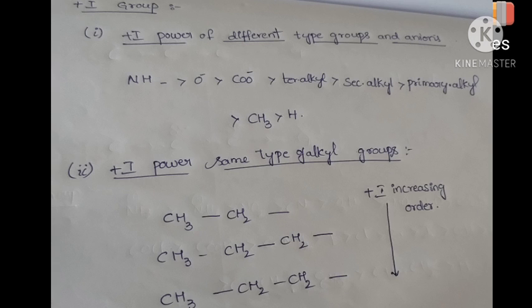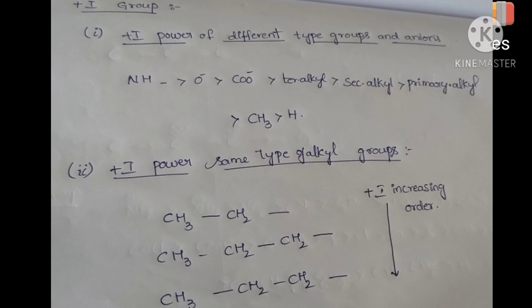In plus I groups, the first type is different types of groups and anions, and the second is the plus I power of the same type of alkyl groups. In the case of the same type of alkyl groups, the positive I power is directly proportional to the number of carbon atoms.